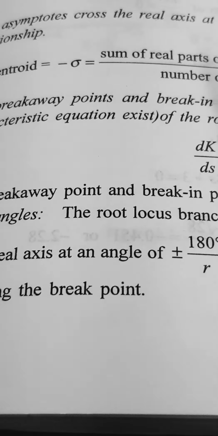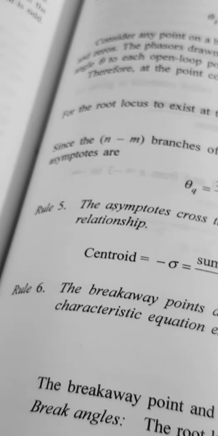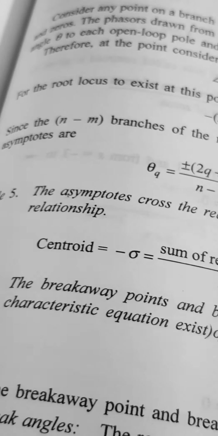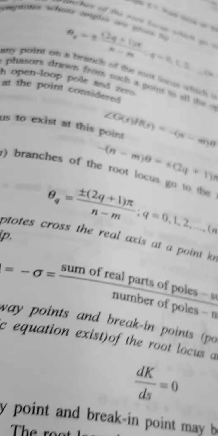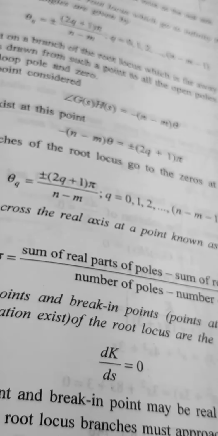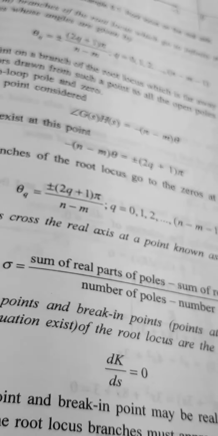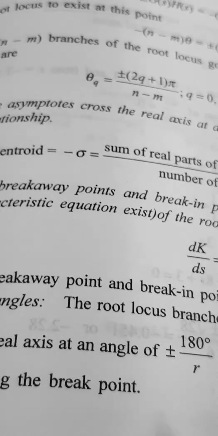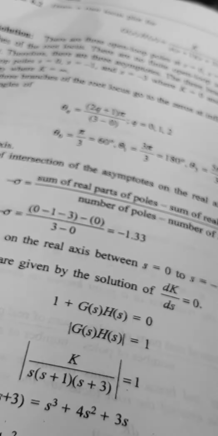So here, the breakaway points and break-in points of the root locus are the solutions of dK/ds, and the branches approach or leave the breakaway point on the real axis at an angle calculated by plus or minus 180 degrees divided by r. This is rule 6. Now we will first see all the rules.